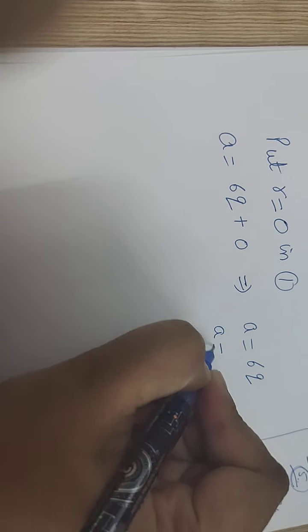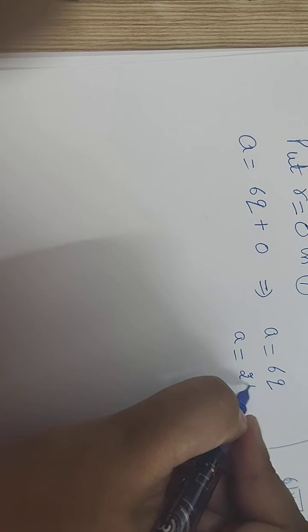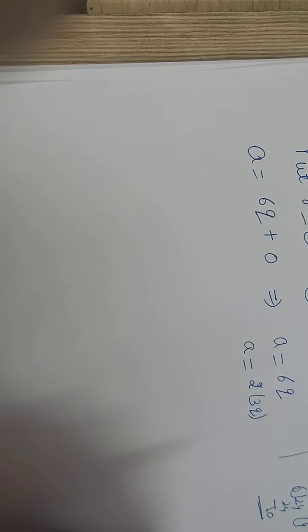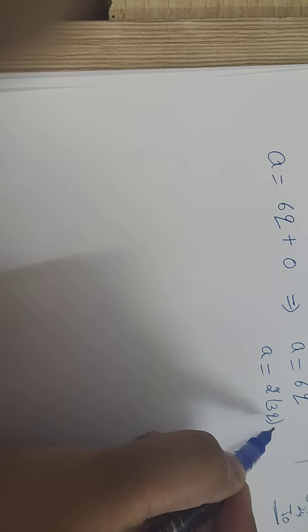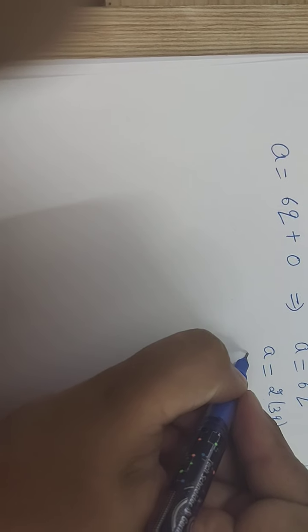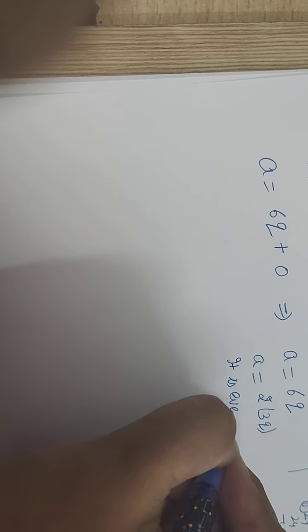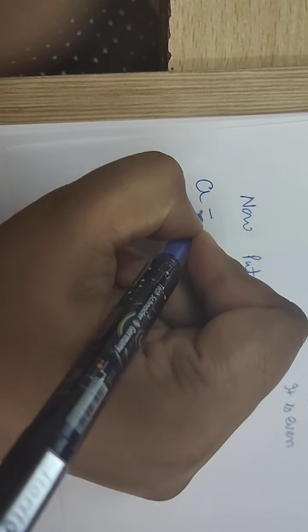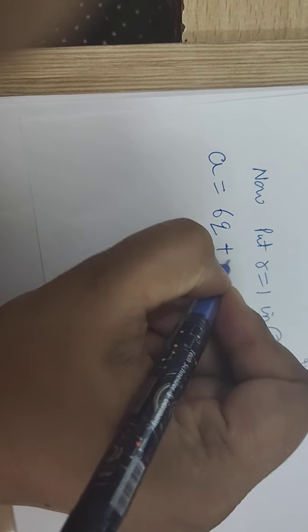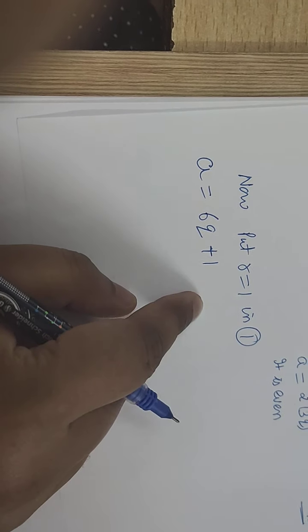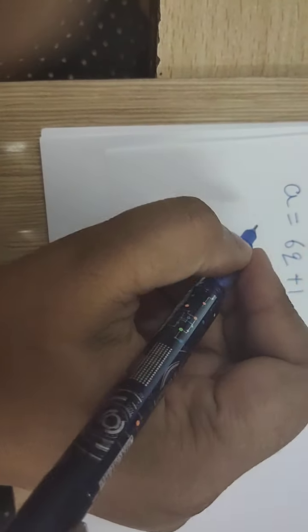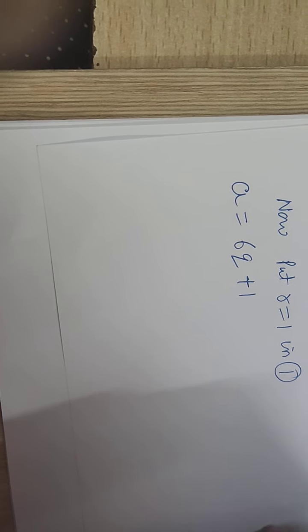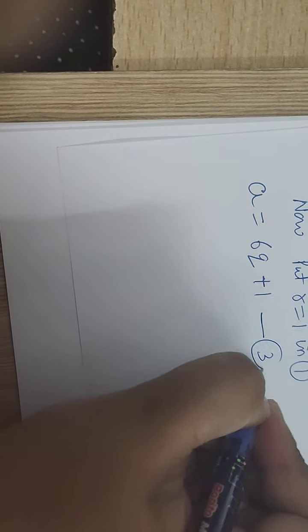So clearly I can write 2 into 3q, as it is a multiple of 2, so it is even. Now put R is equal to 1 in 1. Again A is equal to 6q plus 1. Now nothing common can be taken out, so keep it as it is. Give it as 2, give it as 3.